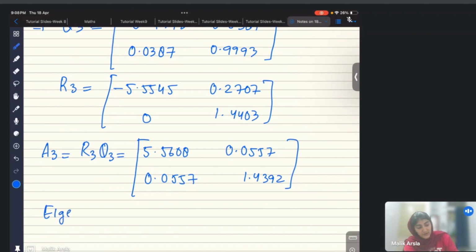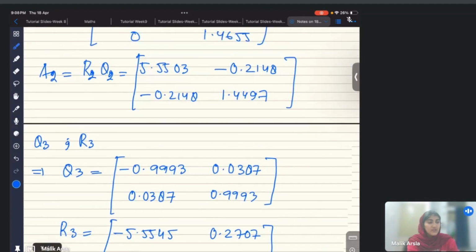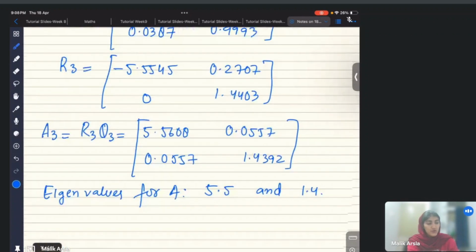So the eigenvalues for the A matrix are approximately 5.5 and 1.4. You can check this by finding the characteristic equation and then finding the eigenvalues. So that is basically how QR decomposition works.